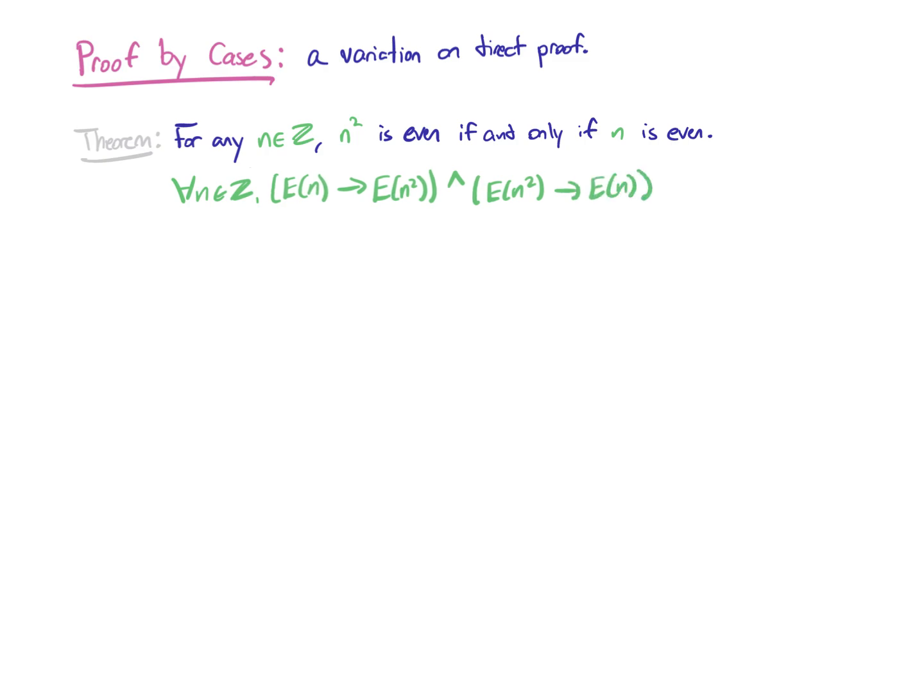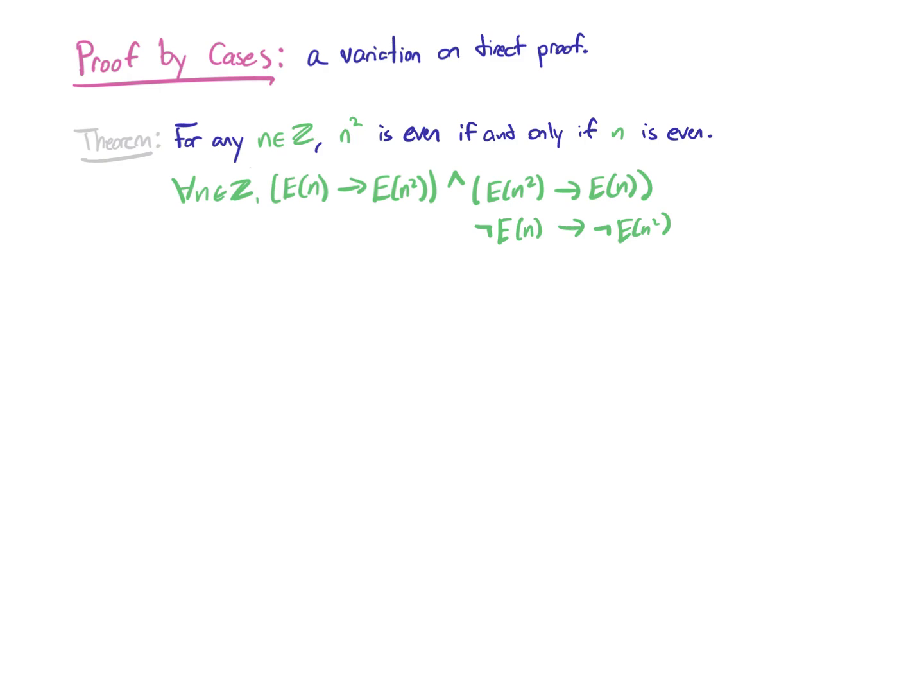Okay, so this still doesn't really look like a case of cases, but let's look at the contrapositive of this second term inside the and. It's enough to prove the contrapositive, since the contrapositive is equivalent to the original expression. The contrapositive is: not E of n implies not E of n squared.